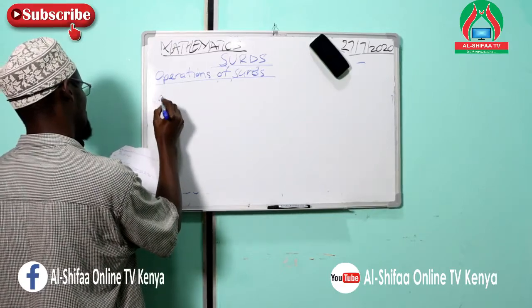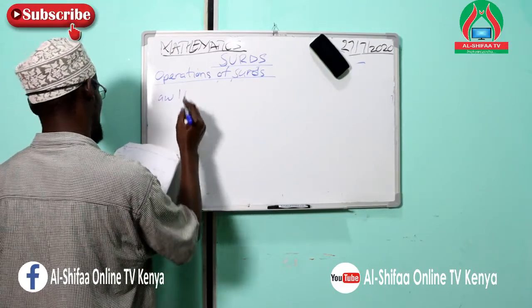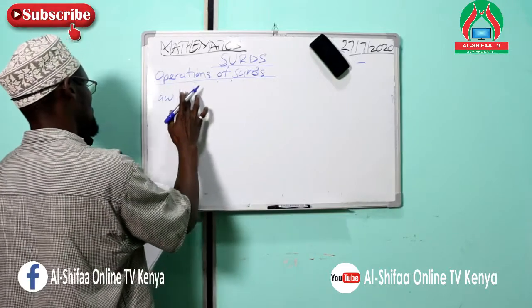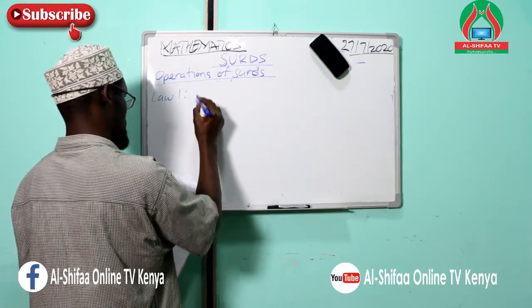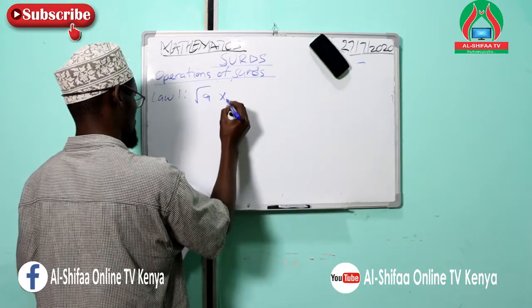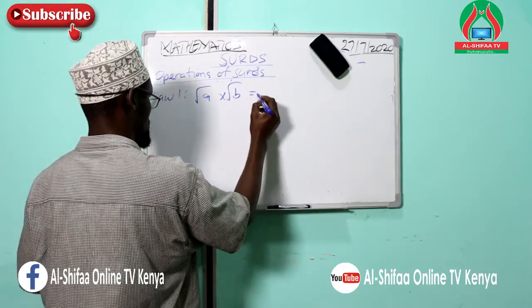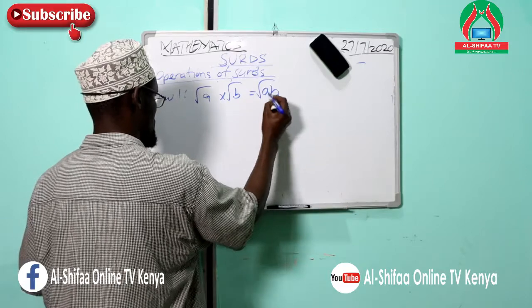Our law number one, we have that root A multiplied by root B is equal to root AB.